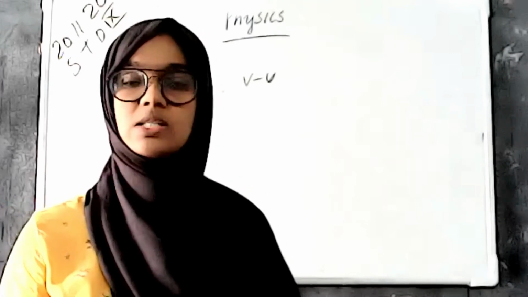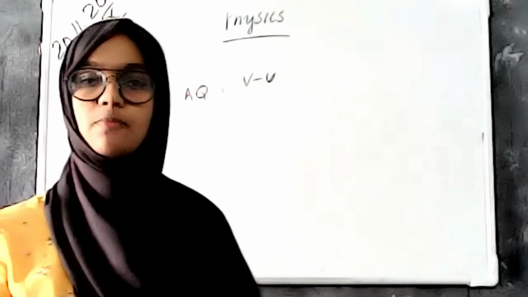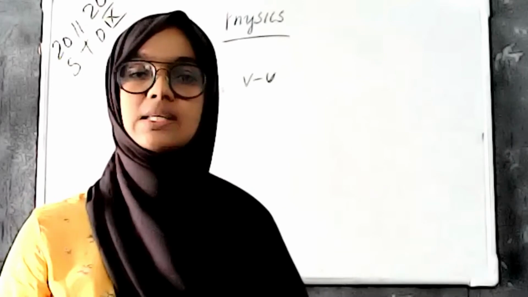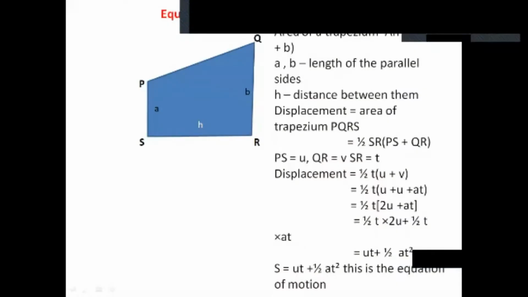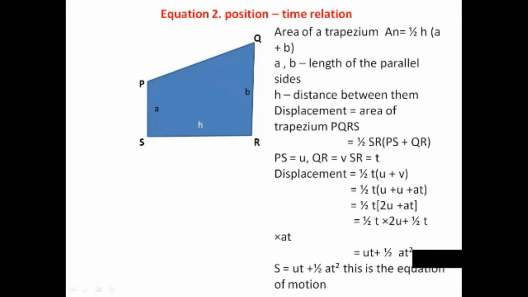Today we are going to discuss the second equation of motion. For that, we have to go to our slide. The second equation of motion is the position-time relation. To get the position-time relation, first of all we have a velocity-time graph. On the x-axis we have time and on the y-axis we have velocity.